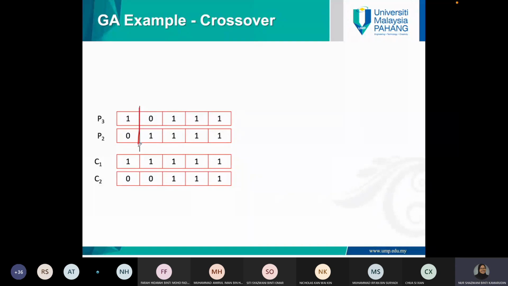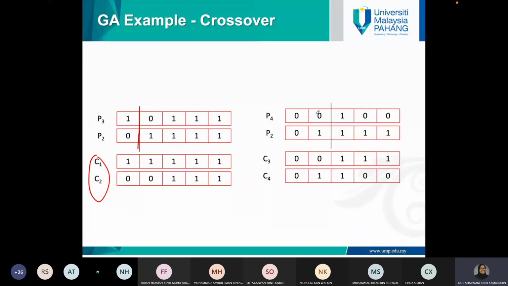Do the 1 point crossover and you will get new offspring here: 11111 and 00111. And then choose another pair of parents, P4 and P2, and you do the 1 point crossover at any point. Then you will get the child here.